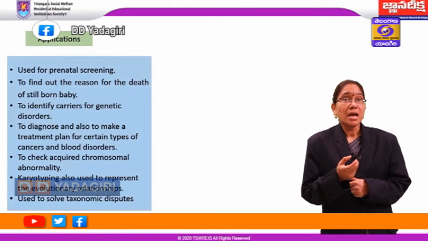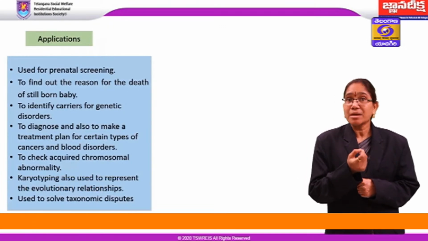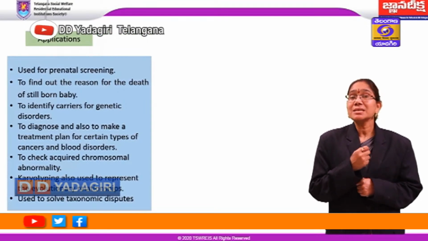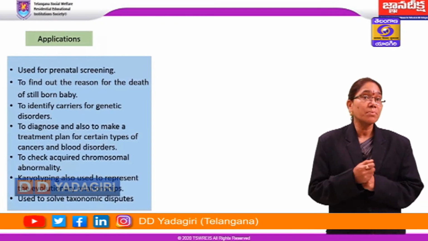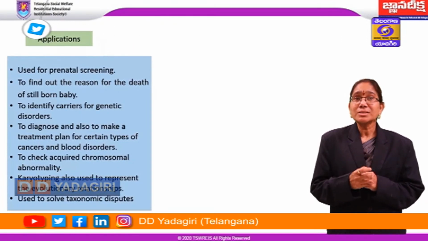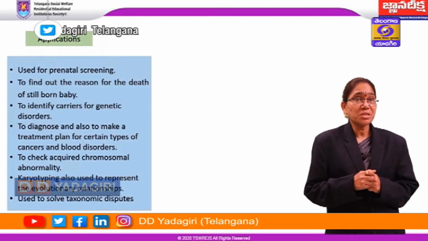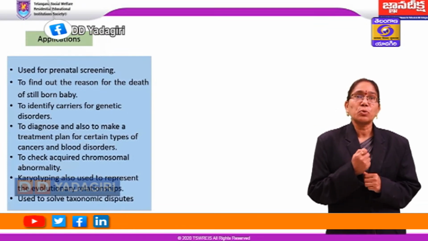Karyotyping is used to diagnose, and also to make a treatment plan for, certain types of cancers and blood disorders. To check acquired chromosomal abnormality, it is also used to represent the evolutionary relationships and to solve taxonomic disputes.